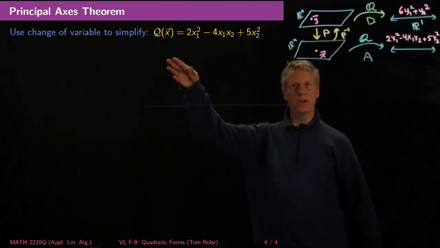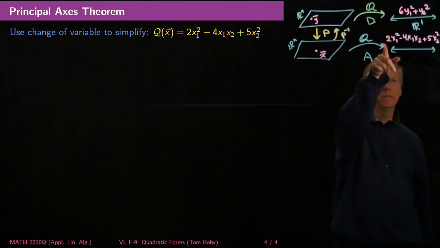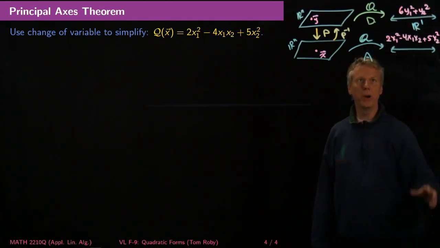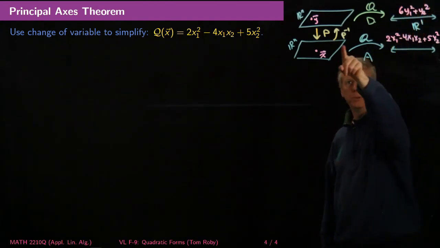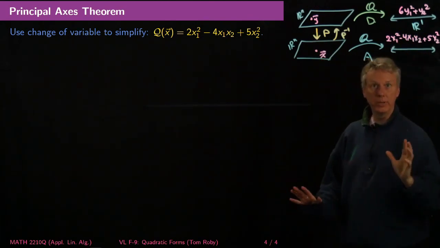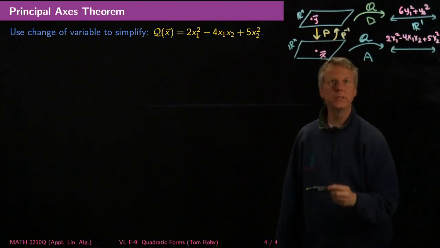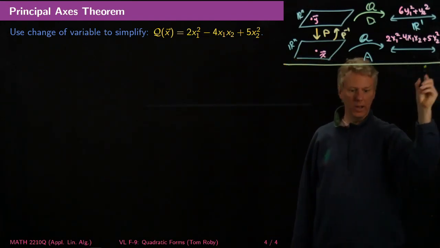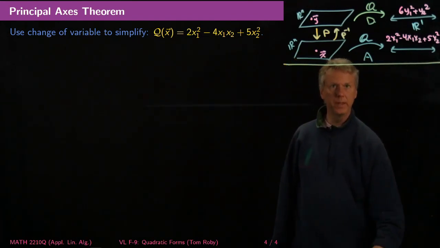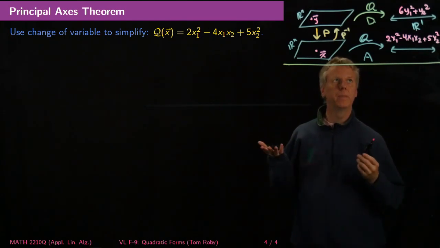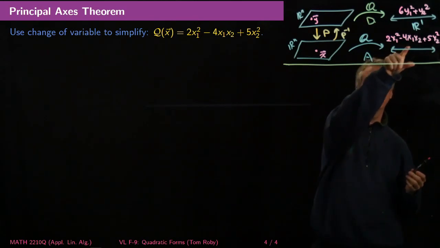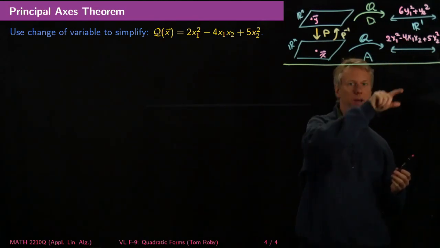Right, use a change of variables to simplify this. Now, pretend you don't know this answer yet, because I'm about to show you how we got it. You can just assume we started knowing only this and asking, okay, what's going to happen? So what's the first step? The first step is finding the matrix A that corresponds to this.